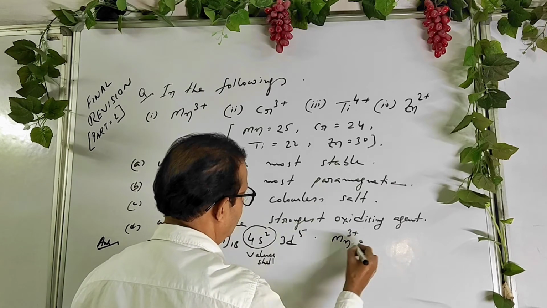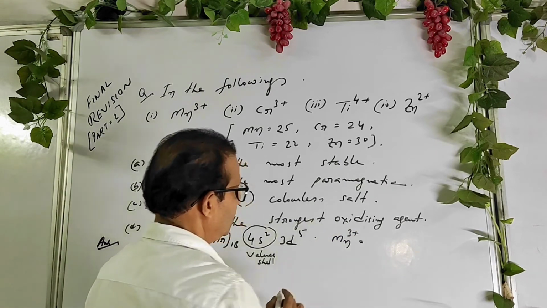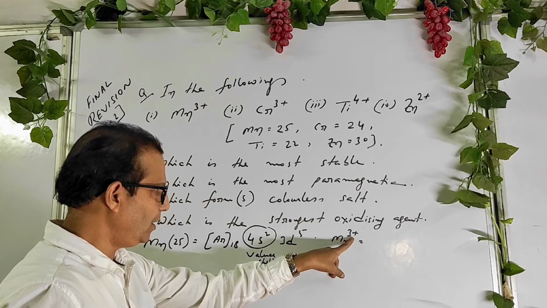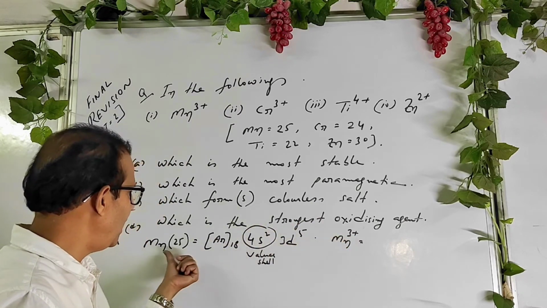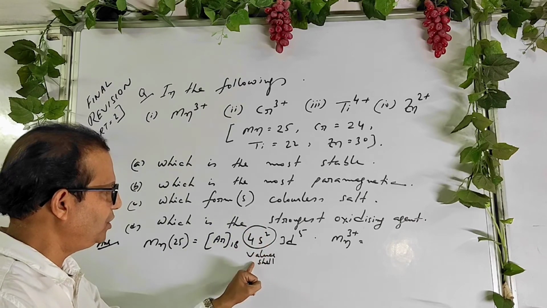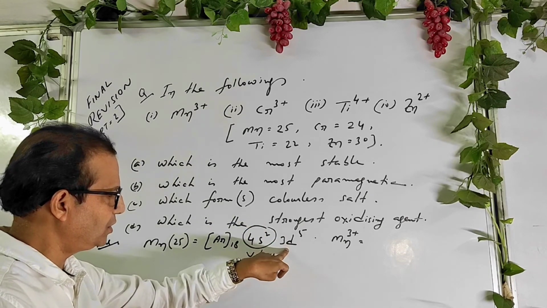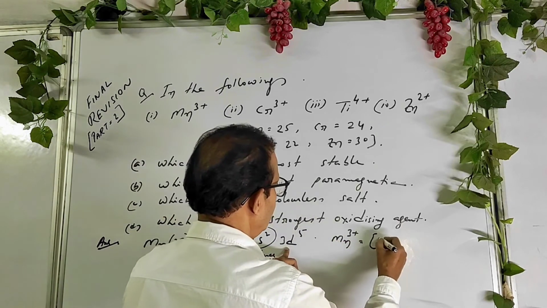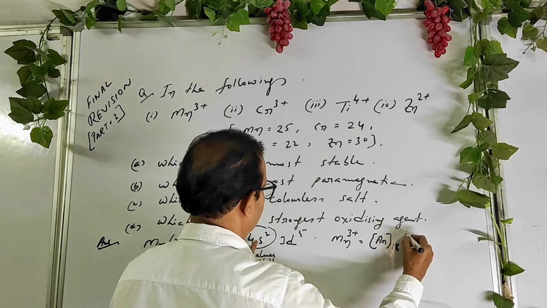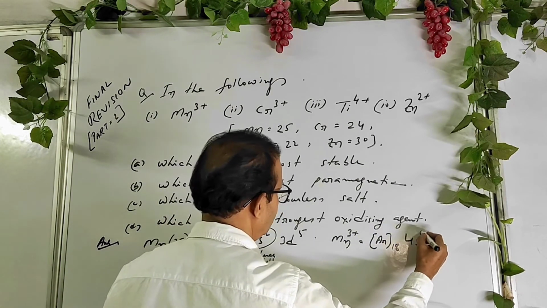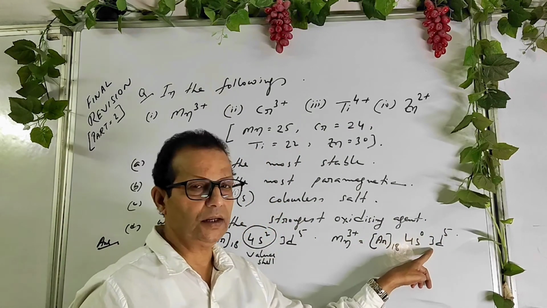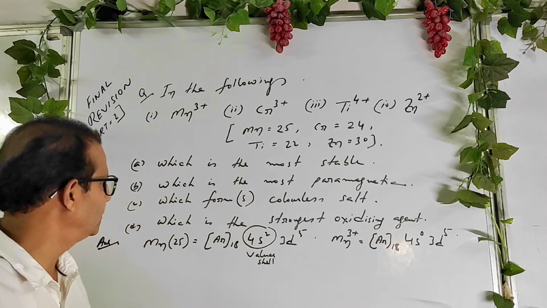Mn3 positive means 3 electrons are removed. Whenever electrons are removed from an element, electrons are removed at first from the valence shell, then if required from the inner shell. So argon 18, 4s0 3d5. So the d orbital contains 5 electrons here.